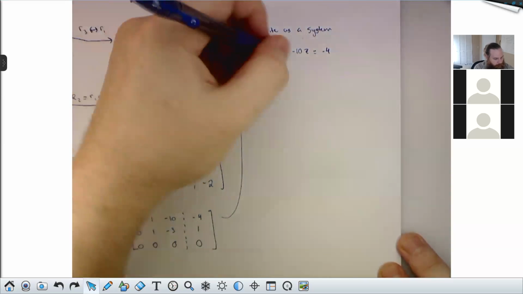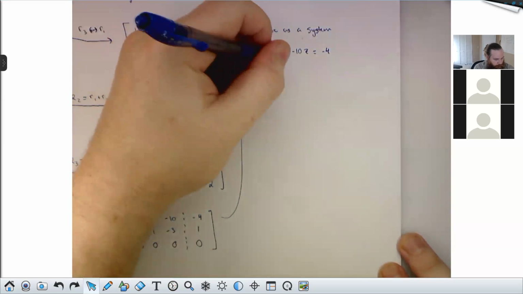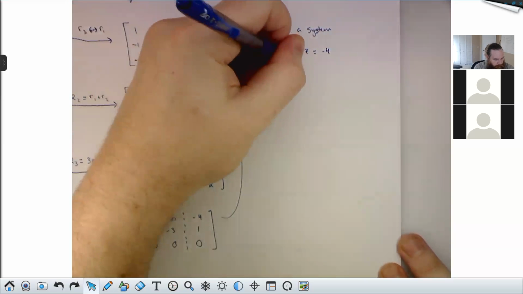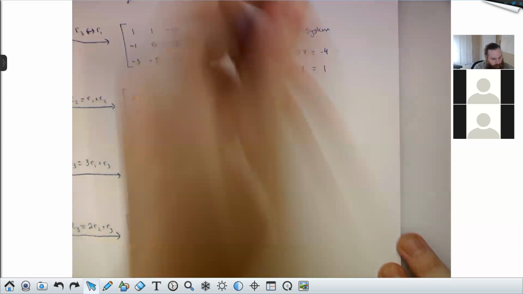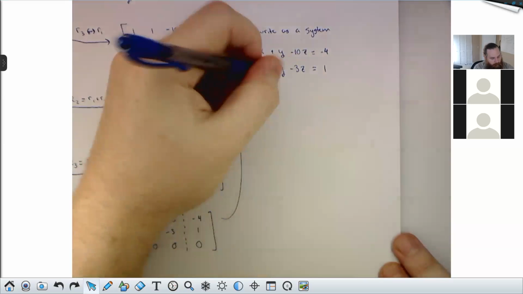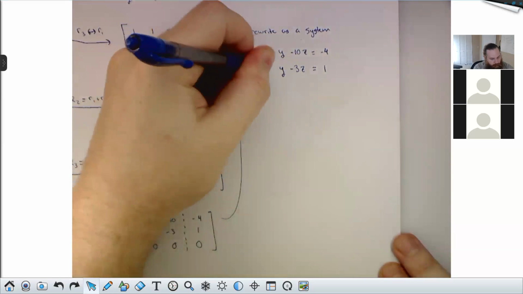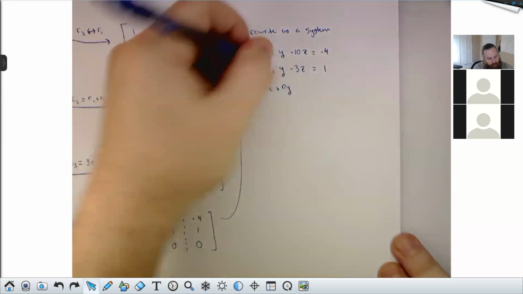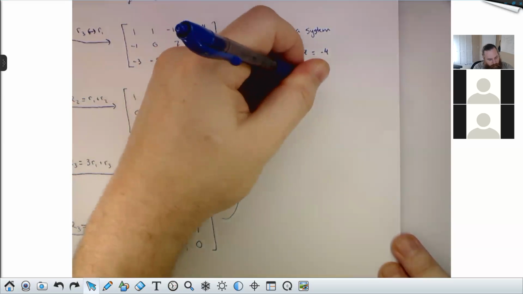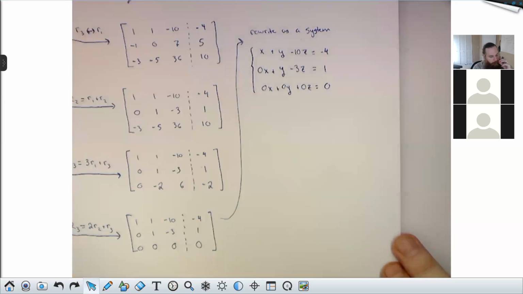From my middle row, I have y minus 3z is equal to 1. And from my last row, I'll write the zeros here, why not? My last row, I have 0x plus 0y plus 0z equals 0.